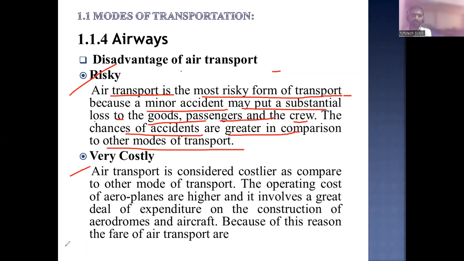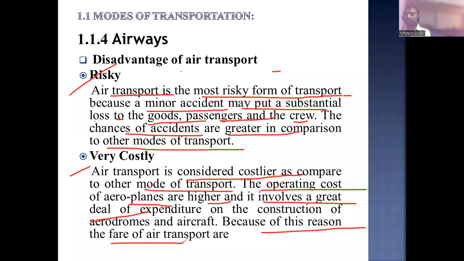Very costly. Air transport is considered costlier as compared to the other modes of transport. The operating cost of aeroplanes is higher and it involves a greater deal of expenditure on the construction of aerodromes and aircraft. Because of this reason, the fare of air transport is very high.